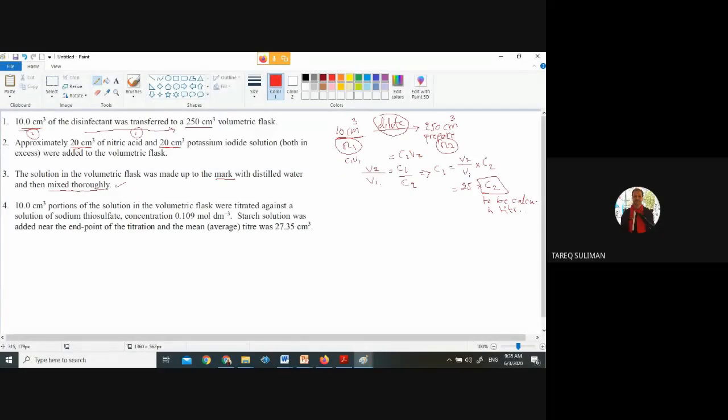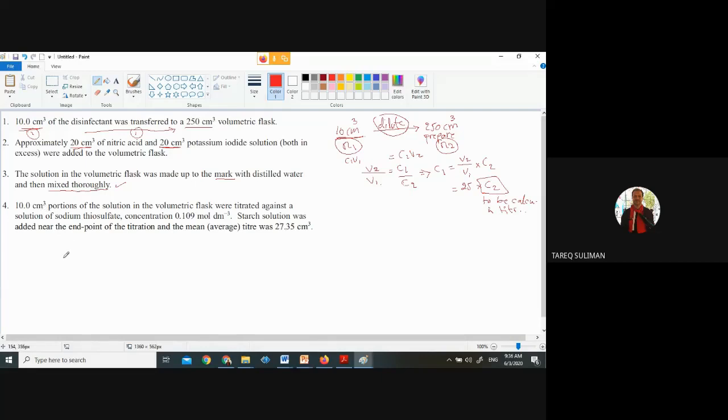Why? To make sure the same concentration is in the whole flask. If we don't shake thoroughly, then the solute will not be distributed equally in the whole flask.